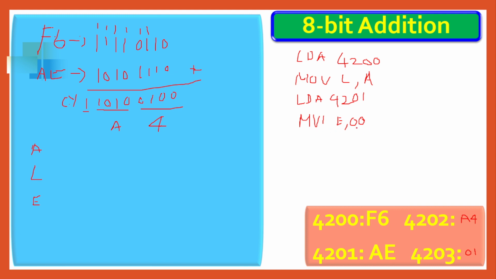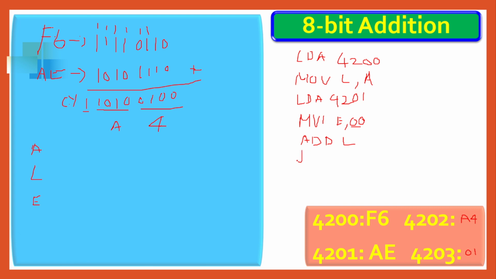Whenever the data is with the programmer, for example here 00, that's why we are loading it. But we don't know what data is available in the memory, that's why we use direct addressing. So add with the L register: ADD L means A plus L, answer in A, because A is the default inherent operand.